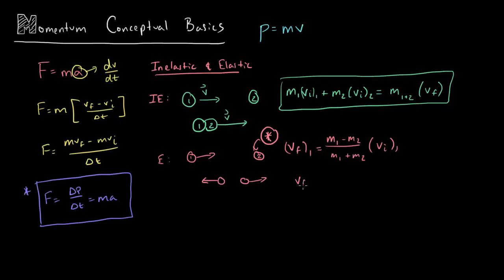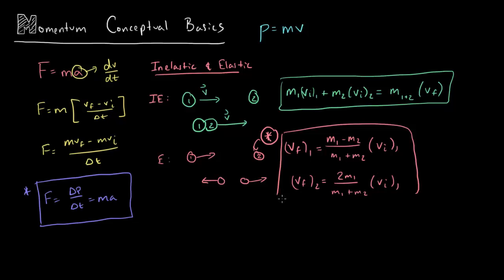And your velocity final of 2 equals 2m1 over m1 plus m2, times velocity initial of 1. So these are some good to know equations. I'm sure on a test you could derive them, but this would save you a ton of time.